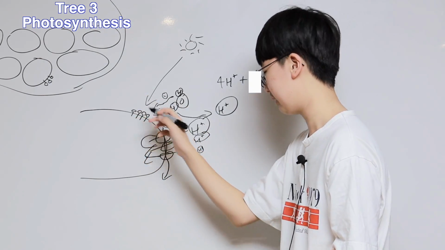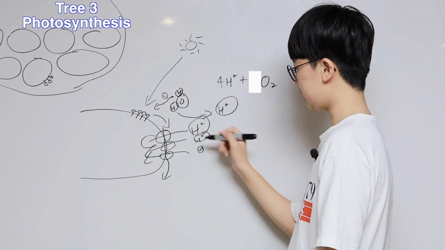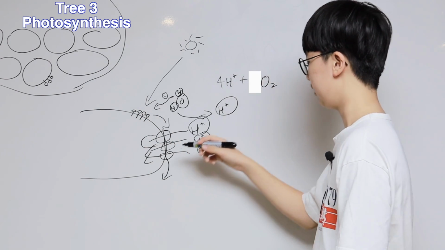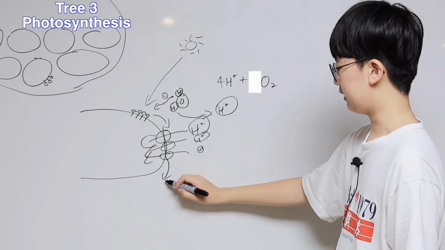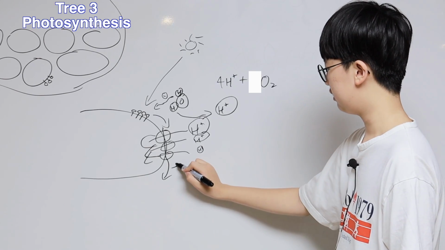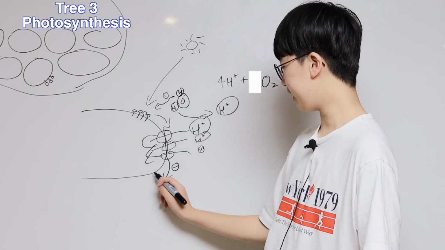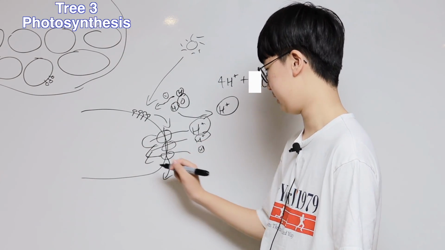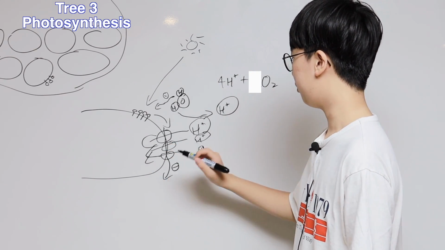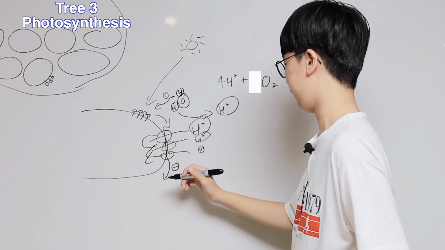Now these things are inside here, and now the electron ends over here. And over here where the electrons end up, there are more chlorophylls.